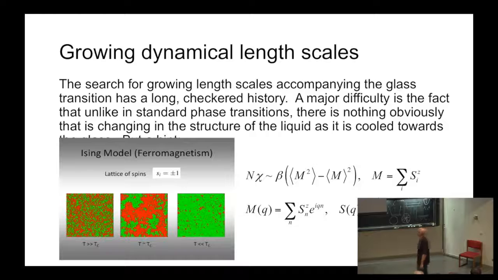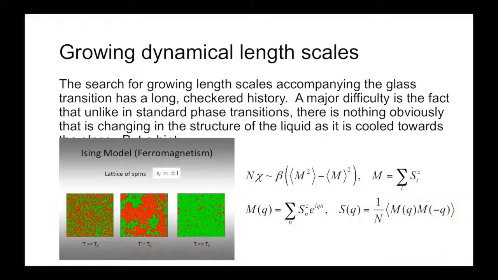Okay? And if we wanted to quantify the fact that there's a diverging length scale associated with the transition from a paramagnet to a ferromagnet, we could define something like the magnetization of the system. Okay? And then we could, in various different ways, use this to calculate susceptibilities, which would be like the fluctuations of the magnetization, and this susceptibility should diverge at the critical point.